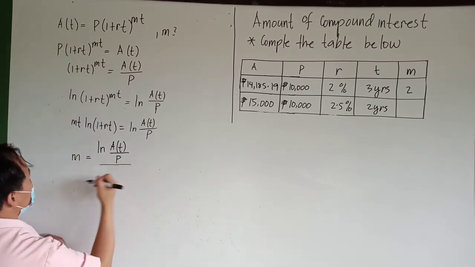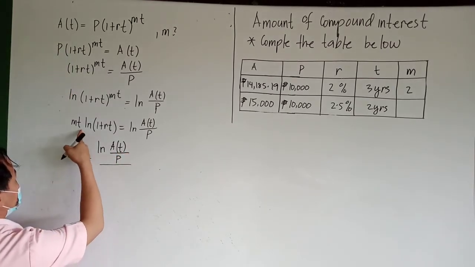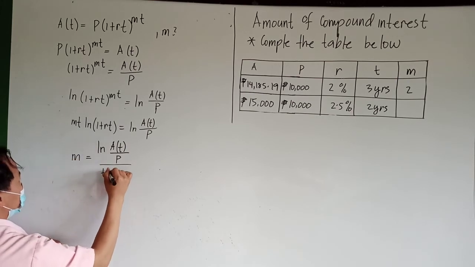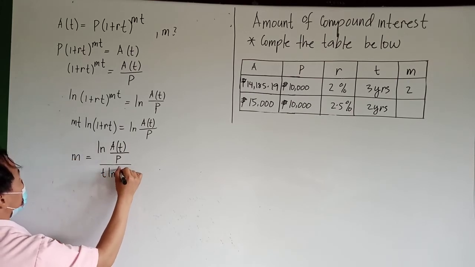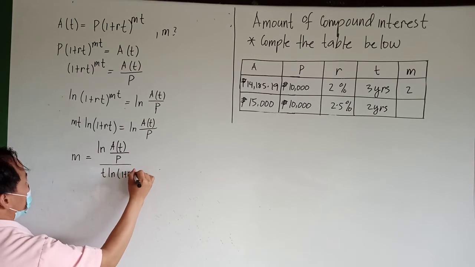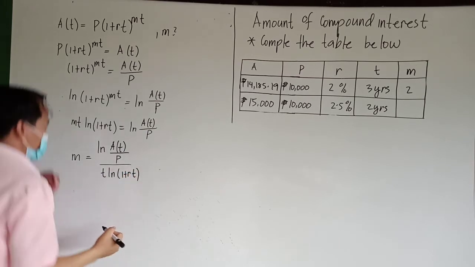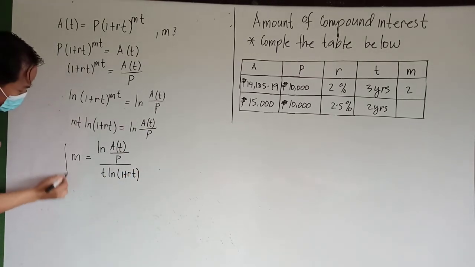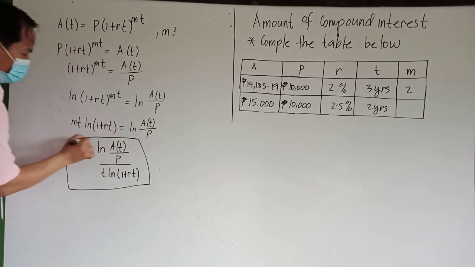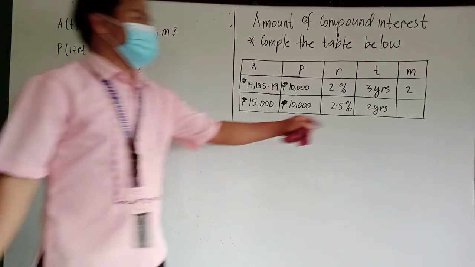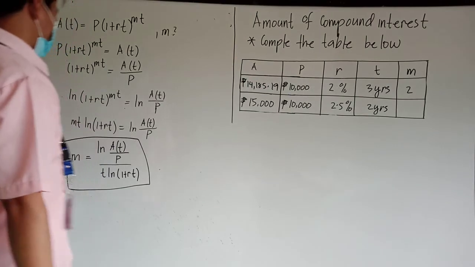Over what? We have here T times ln of 1 plus rate times time. So this is now the corresponding formula for us to solve for M here, or the number of compounding periods.